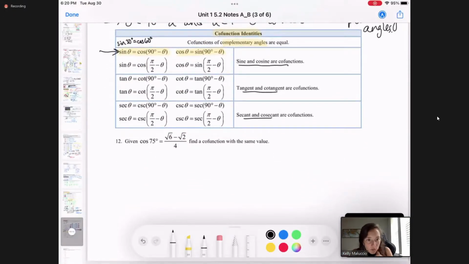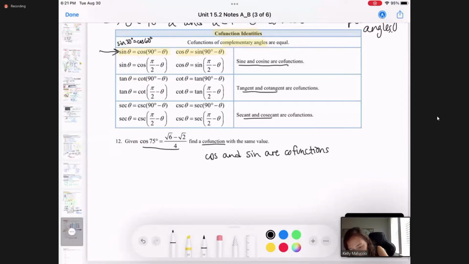Okay, so now we have cosine 75 is square root of 6 minus square root of 2 over 4. Find a cofunction with the same value. First, cosine and sine are cofunctions.